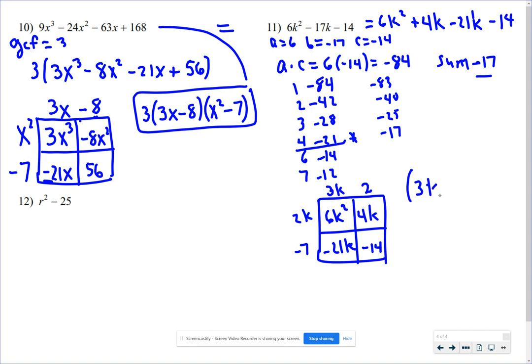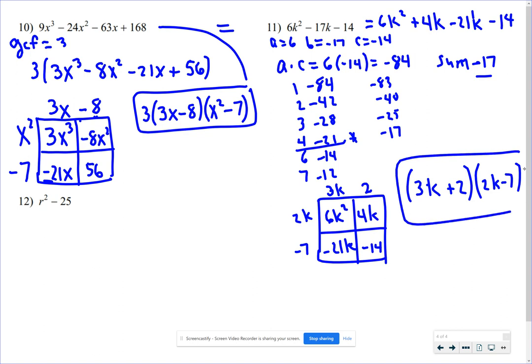So my final answer is just the product of this binomial, which I get from the top of my multiplication box. Oops. Struggle is real when your pen's not wanting to work. And then 2k minus 7.